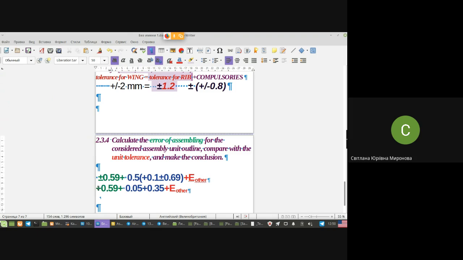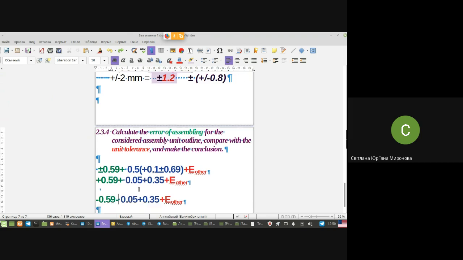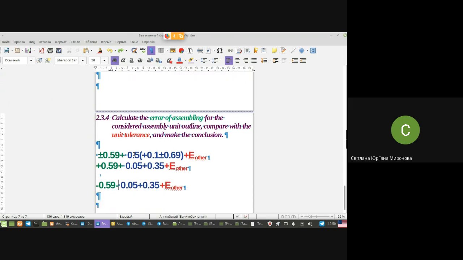What about minuses? This place, green one, minus. At this place should be again minus. Minus that one, minus 0.08. What about this place?